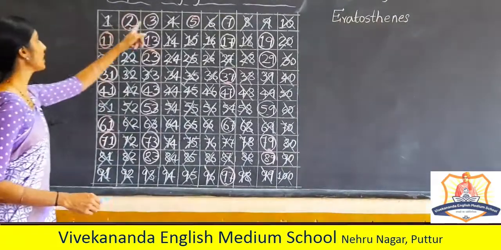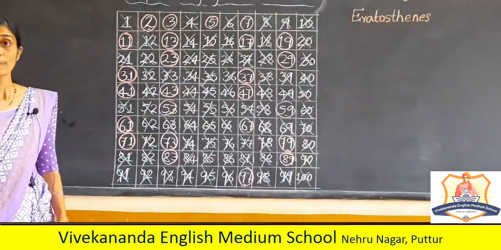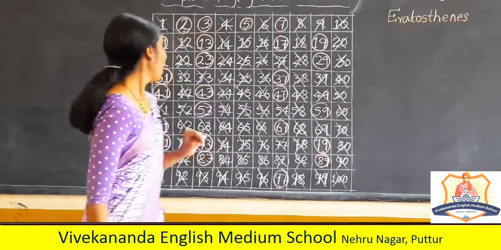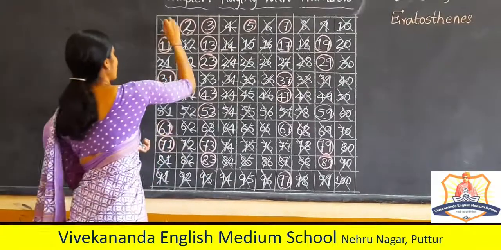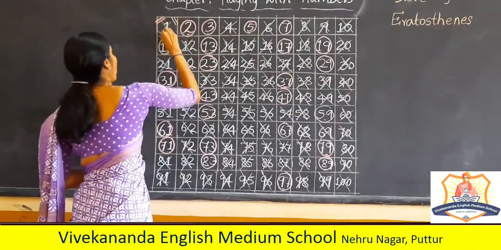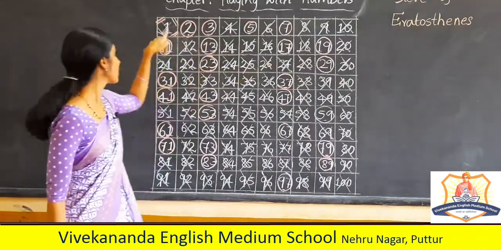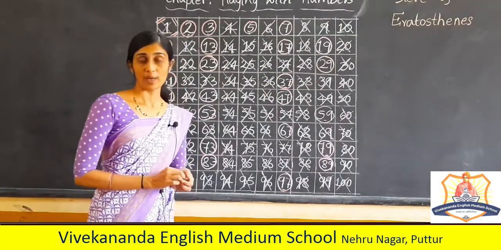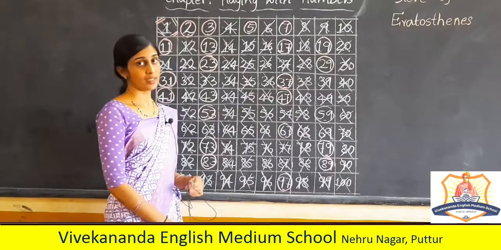Here all the encircled numbers are said to be prime numbers because they have got only 2 factors. All the numbers with the cross mark except 1 are considered to be composite numbers because they have got more than 2 factors.